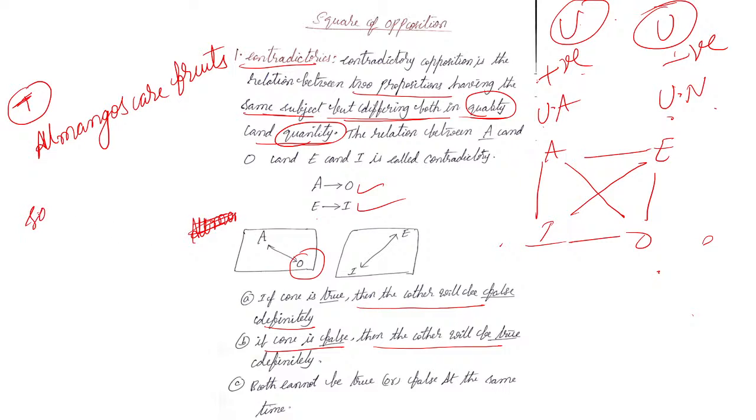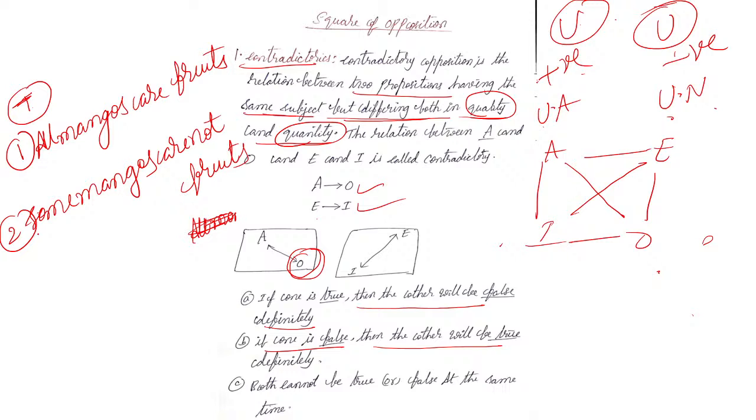Some mangoes are not fruits. Because in O type statement, it is "some not": some mangoes are not fruits. If statement 1 is true, then is this true or false? Tell me. I am saying all mangoes are fruits is true. Then how can "some mangoes are not fruits" be true? It is definitely false, right?